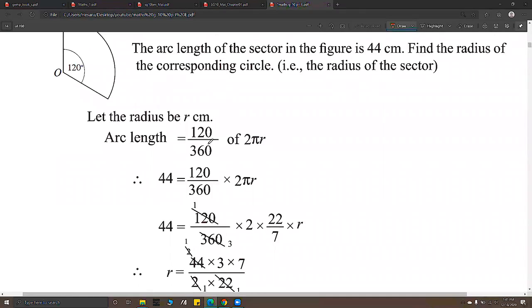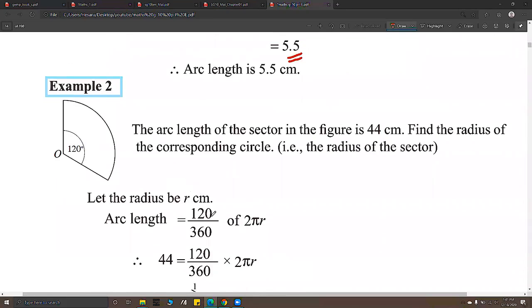In this case also the same. This time it's 120 over 360 of 2πr. 2πr is for the total circle, as I mentioned many times. So by multiplying it by the proportion, which means the proportion of the circle section from the total, it's 120 over 360 times 2πr.